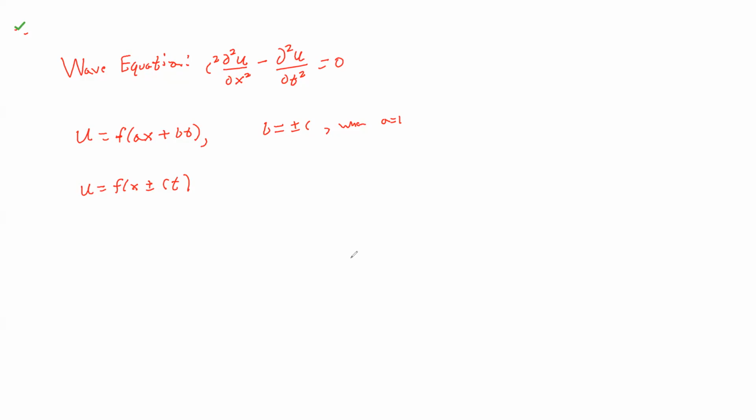So hopefully you took a moment and you thought about that. So for forward propagation, we use the negative ct rather than the positive. So forward propagation is u of x minus ct. So why is that forward propagation?